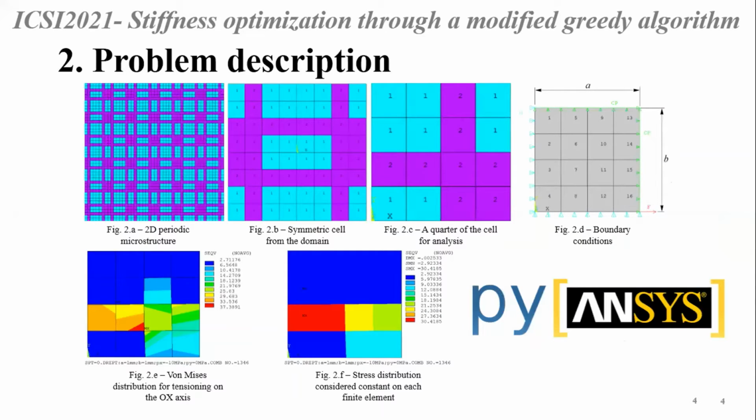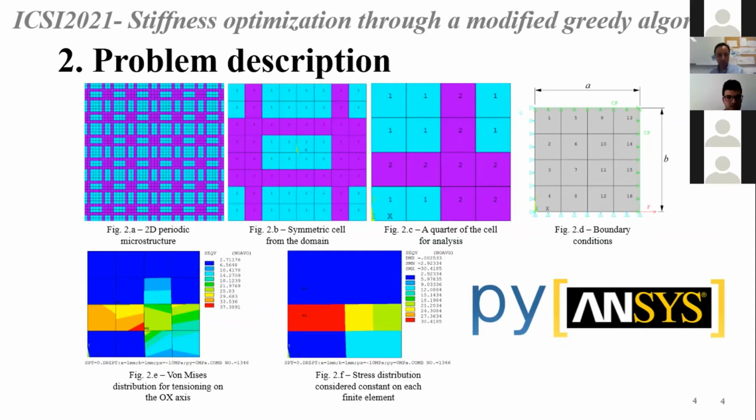As a problem description, we have a 2D domain. We consider the 2D periodic domain as shown in figure 2a, for which we know that it's composed of two materials.